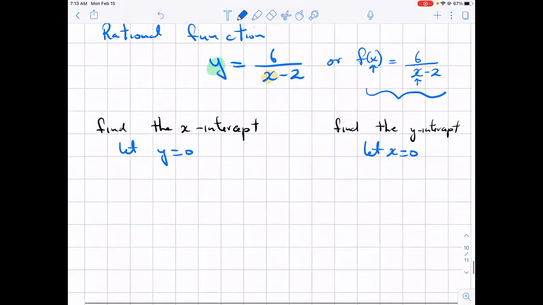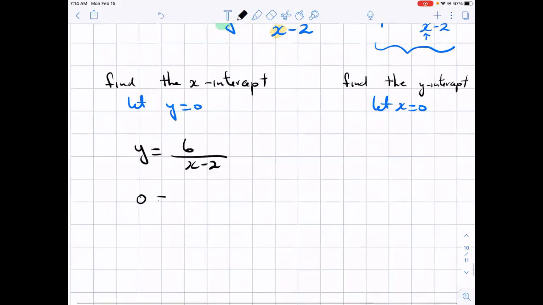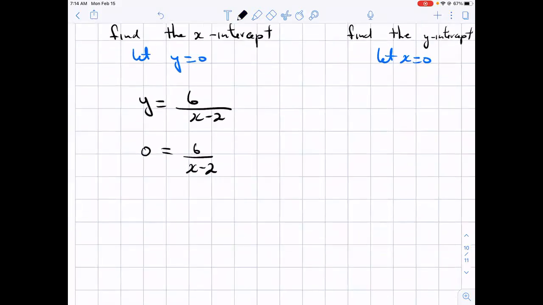So if we let y equal 0, remember we have y is equal to 6 over x minus 2, so we'll have 0 is equal to 6 over x minus 2. And you will see that this here has no solution.